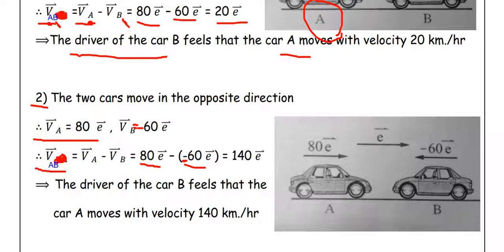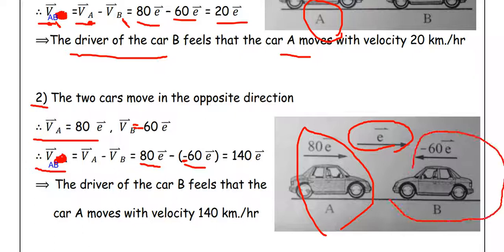Let E be this direction. A will be with the same direction of E, so it is positive, and B in the opposite direction of E, so it is negative. So 80 minus negative 60 is 140E. So the driver of the car B feels that the car A moves with velocity 140 km per hour.